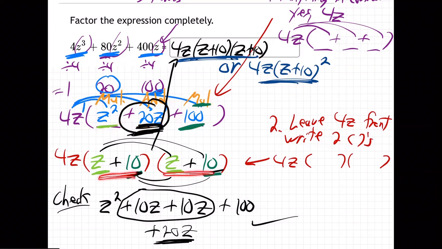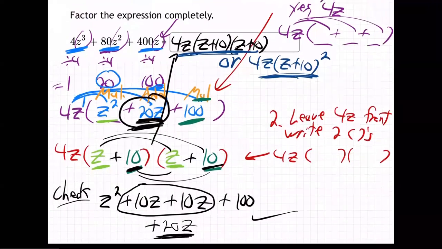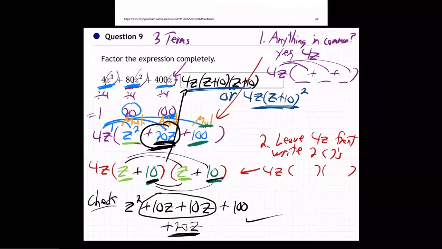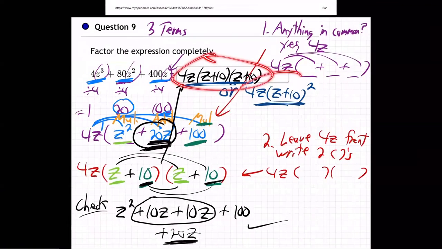We did the 2 parentheses. Z times z made z squared. 10 times 10 makes 100. And then we checked it to make sure the middle was good. Came out 10z, which is 20z in the middle. Check. That's right. It's all good. And so either one of these is really the correct answer. It actually multiplies correctly. There we go.